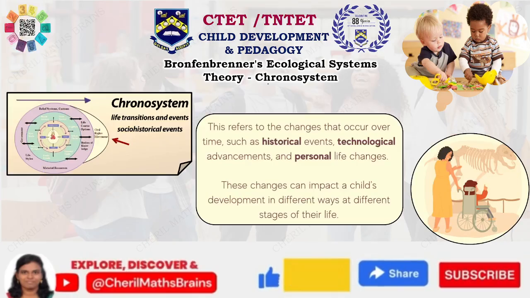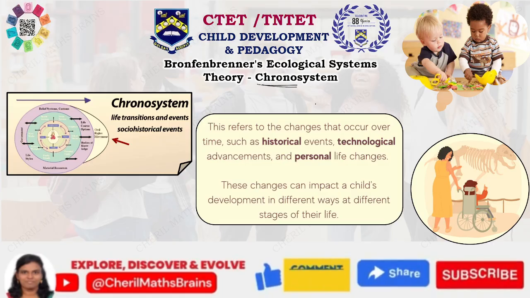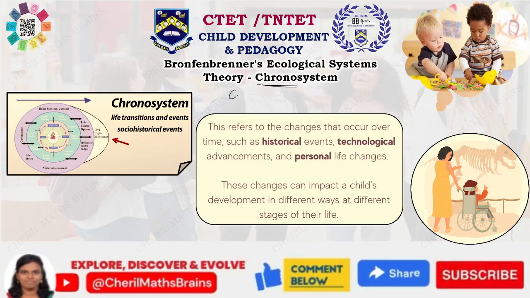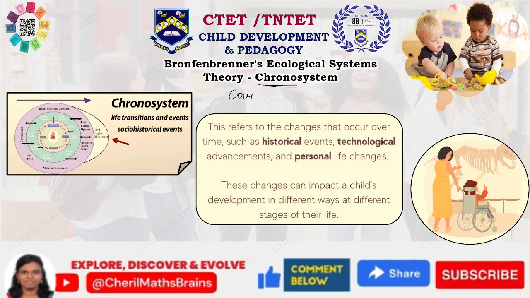The last one is called the chronosystem. The chronosystem is something that entirely changes the lifestyle of the child or the pattern in which the child has been living. Some problem occurs suddenly. The best example I would say is COVID.